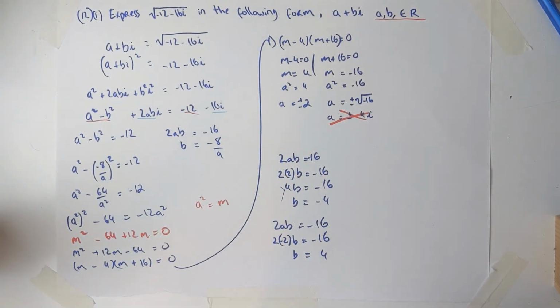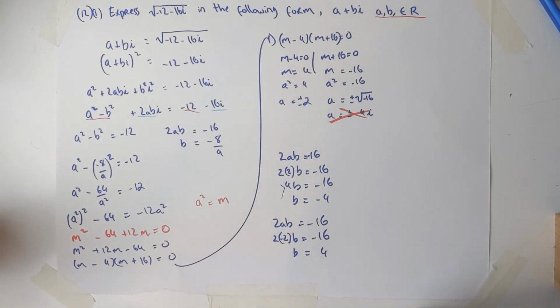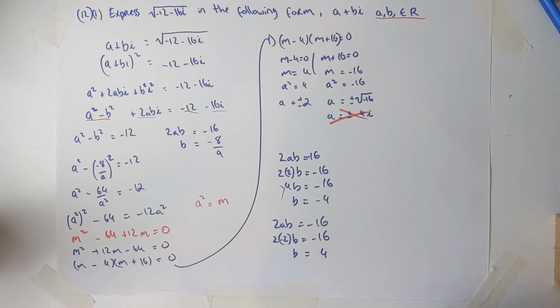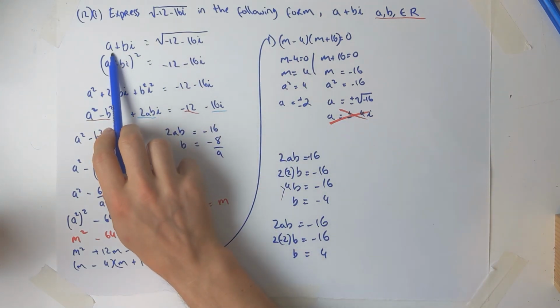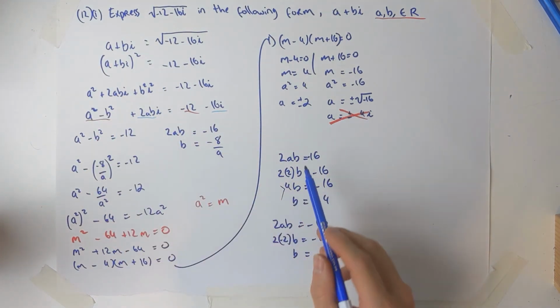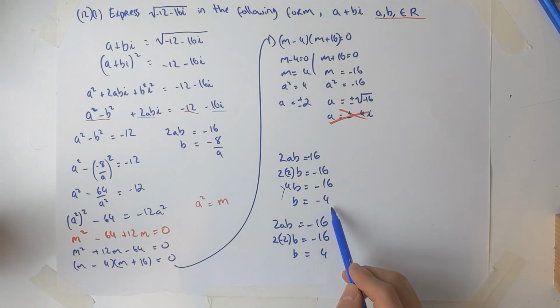So, express it in the following form: a plus bi. What does that mean? You've got to substitute them in. When a is a positive 2, b is a negative 4.